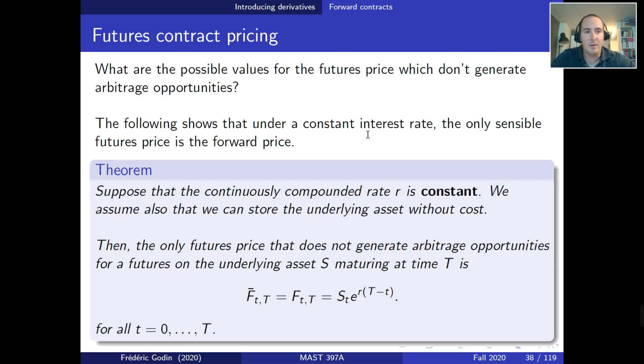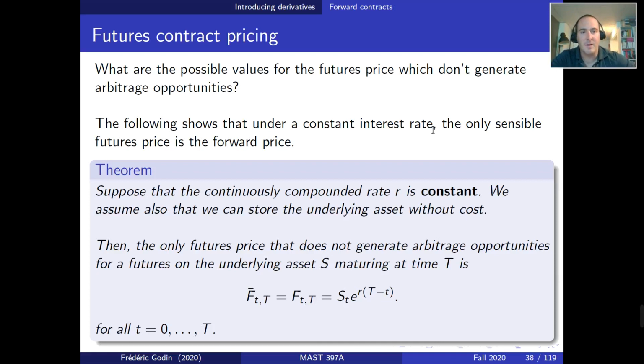For the remainder of the study of futures contracts, we're going to assume a constant interest rate. Then we will discuss what would happen if the rate wasn't constant, but for the sake of discussion here, we will consider a fixed constant interest rate.